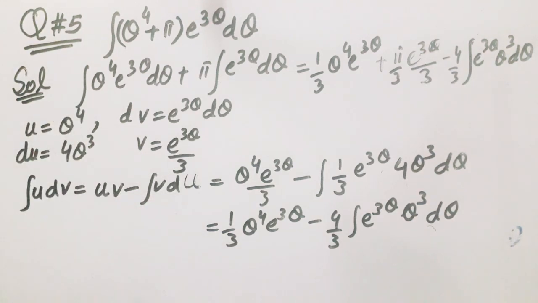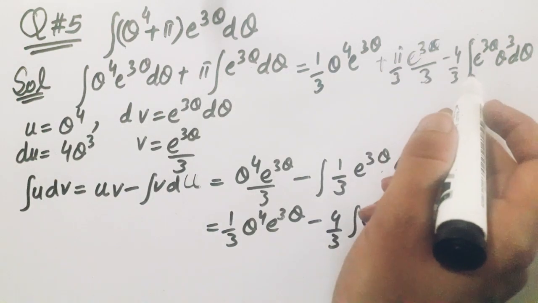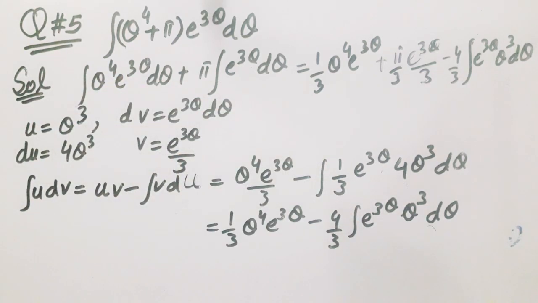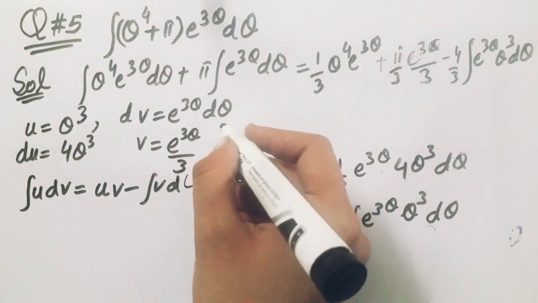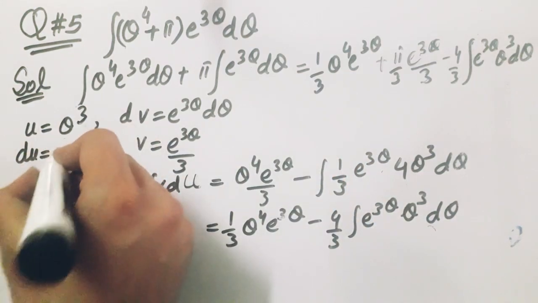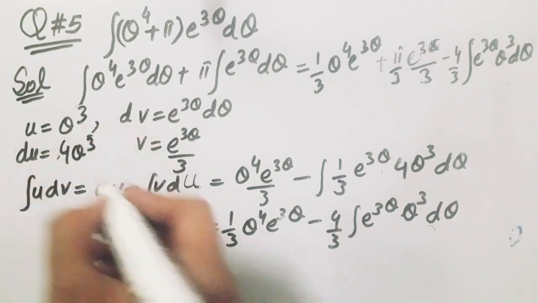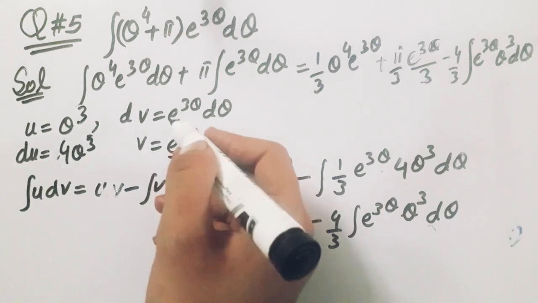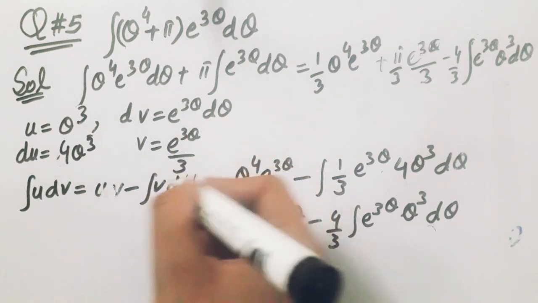Now u will be equal to θ³ and dv will be equal to e^(3θ) dθ. So this remains the same, and now du will be equal to 3θ² dθ, and v remains the same, e^(3θ)/3.